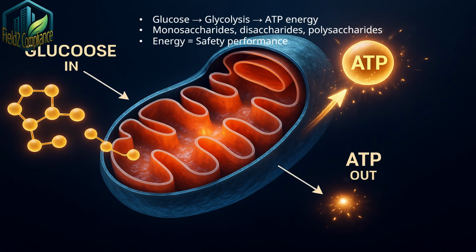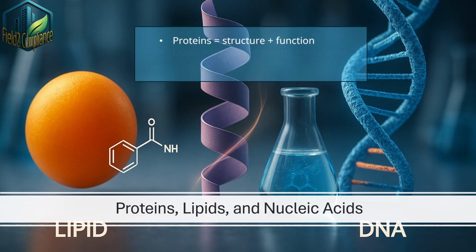Through glycolysis, glucose becomes pyruvate and releases ATP, the energy currency of life. Proteins build and repair, lipids store energy, and nucleic acids store genetic information. Together they maintain cellular balance, a concept crucial in industrial hygiene and biological monitoring.